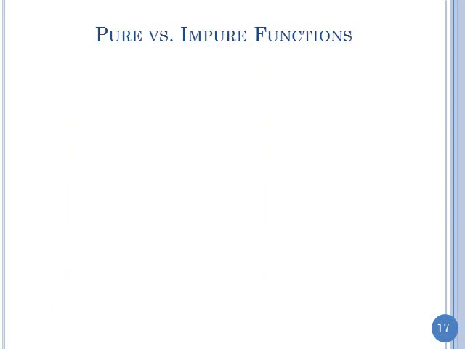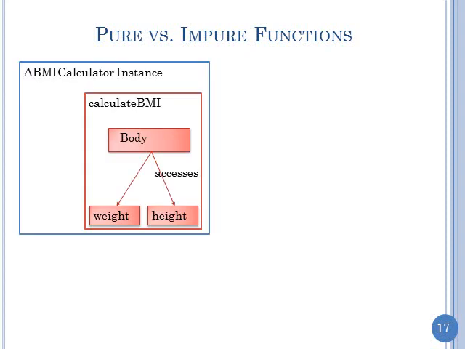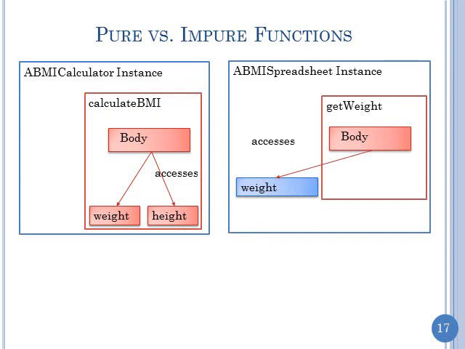Okay, going to see some new terms here. Now I've got calculate BMI. That's a function. I've got get weight or get BMI. That's a function also. Can you see some difference between these two functions?